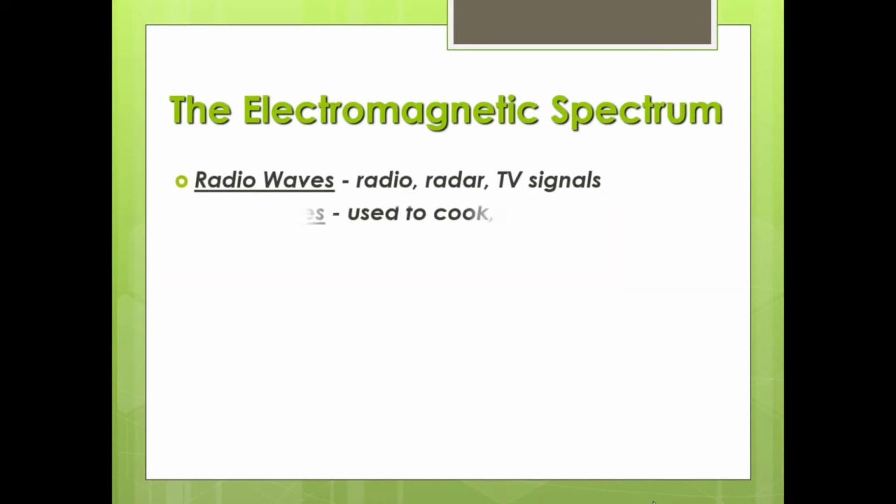After the radio waves, we have microwaves. It's not just the oven that you have in your house. The microwaves are what are used in the oven to cook the food. Also your cell phones send their signals to and from the different cell towers and between phones with microwaves.